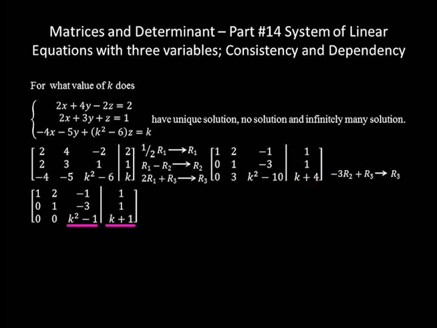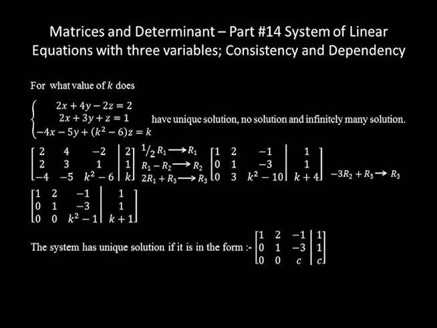These two elements decide whether the system of equations has a unique solution, no solution, or infinitely many solutions. The system has a unique solution if it has the form like this. That's only when these two elements are non-zero constants. In other words, for the system to have a unique solution, k square minus 1 should be different from 0. That's k square minus 1 not equal to 0.